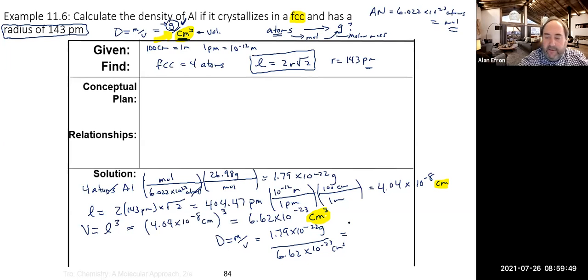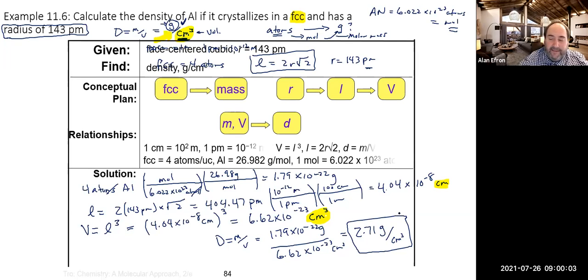Again, the units here are grams per cubic centimeter because they do not cancel, and that is the units of density. That is a long way to go to get to our density, but that is the density of aluminum, and it actually is pretty close to the density of aluminum. Any questions on that calculation?